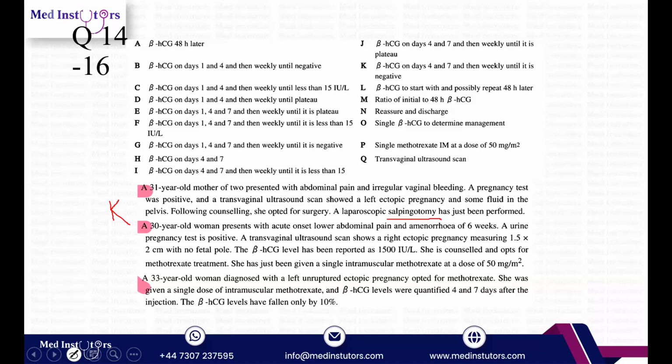Beta HCG on days. You're right. It is I. We do baseline beta HCG, which is already done, and then we do day 4, day 7, and then we do it weekly till it is less than 15.